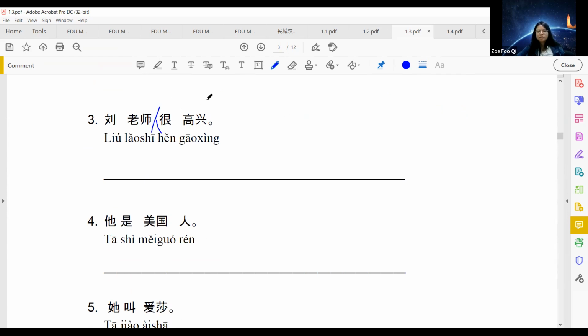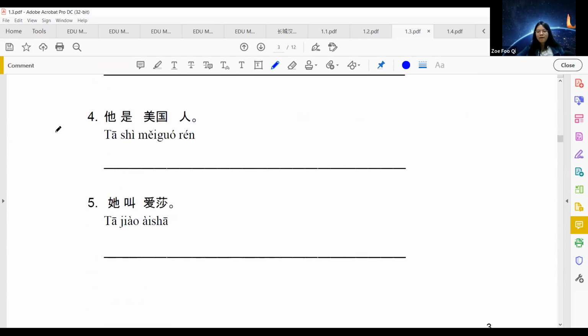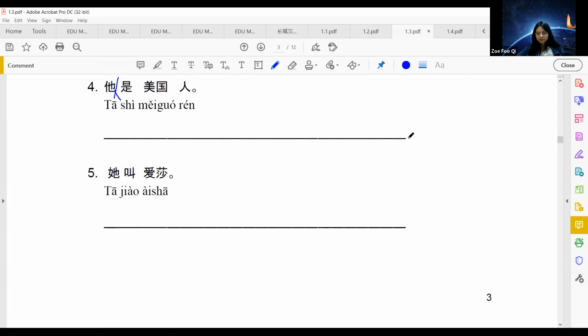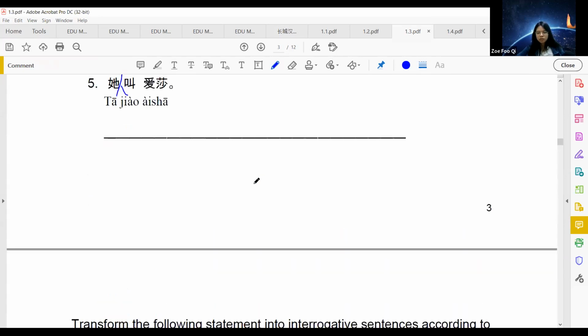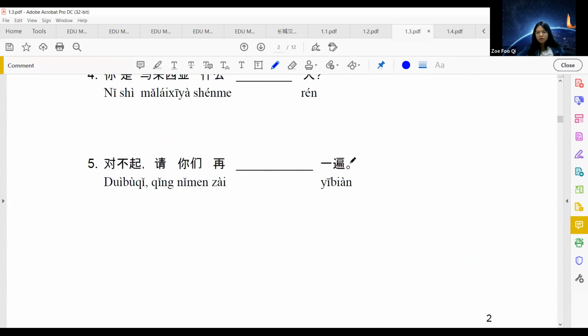Or 不很高兴 is not so happy, not very happy. If you put it right before the 高兴 will be very unhappy. Both are also correct, but the meaning is slightly different. So this one we put 他不是美国人. Okay, how about the last one? So 叫 is panggil, right? So 她不叫艾莎 she is not called 艾莎 Okay, very good so far.